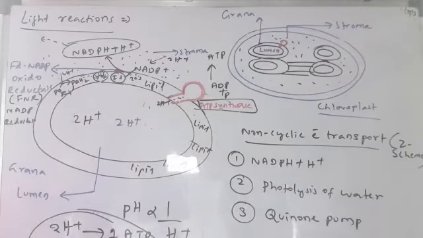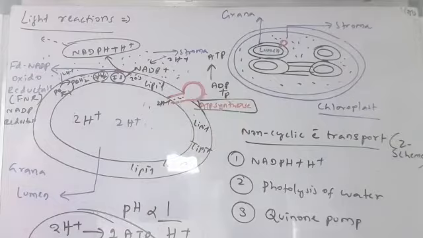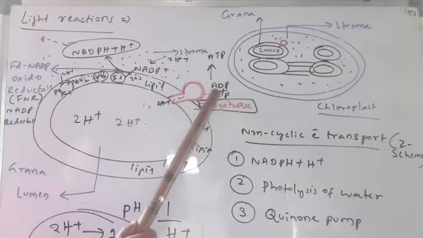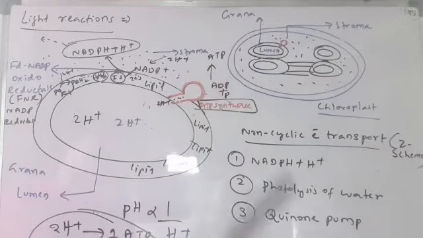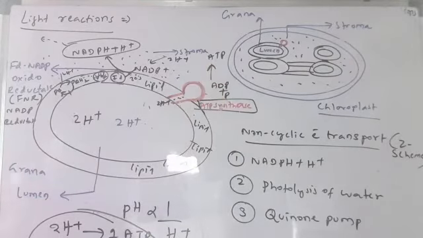Now a force is generated, which is the proton motive force. The protons want to move to the stroma. When they move, ADP combines with a phosphate, the addition of phosphate being phosphorylation, and ATP is formed. This total process is known as photophosphorylation.